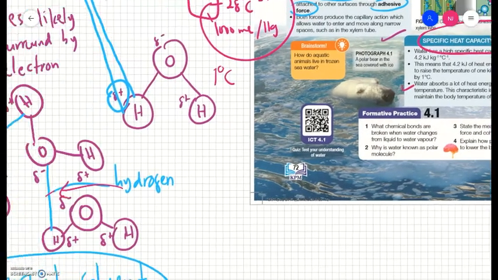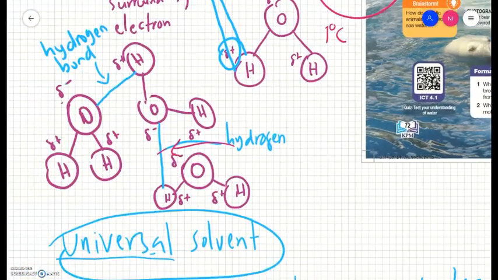Because as I explained before, water has hydrogen bonds. Hydrogen bond is between one water molecule and another water molecule, so it needs a high heat energy to break the hydrogen bond. Because the hydrogen bond is a strong bond, it needs high energy.